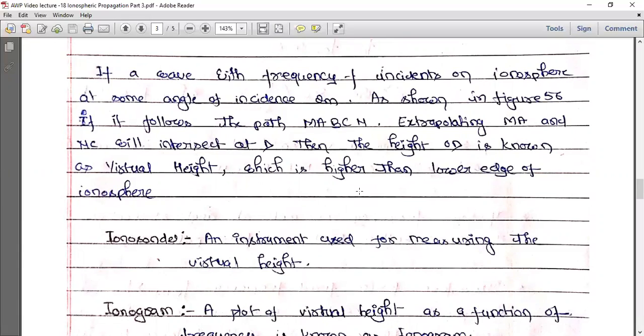When a particular frequency is transmitted from the ionosonde normally, it will again receive the reflected wave or the reflected pulse. It will find how much time it takes from incidence to reflecting back to the instrument. On the basis of this time difference, it is determined from what height the wave has been reflected. Okay, and this height is considered to be the virtual height.